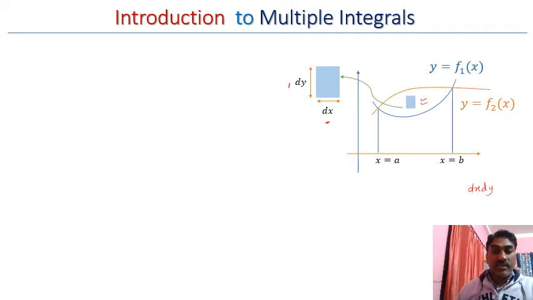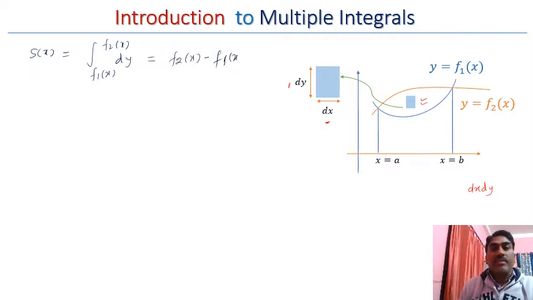Now consider an integral S(x) given by the integral from f1(x) to f2(x) of dy. This is exactly f2(x) minus f1(x), and this is exactly the vertical distance between two curves at any point.